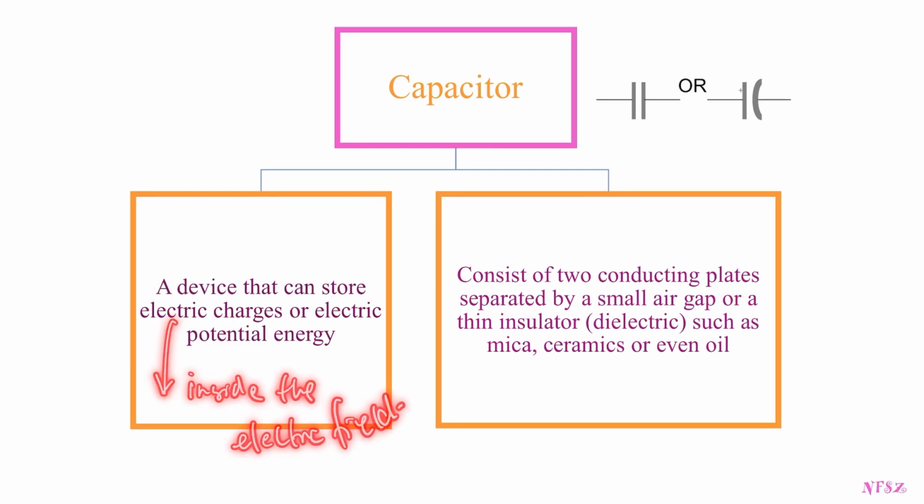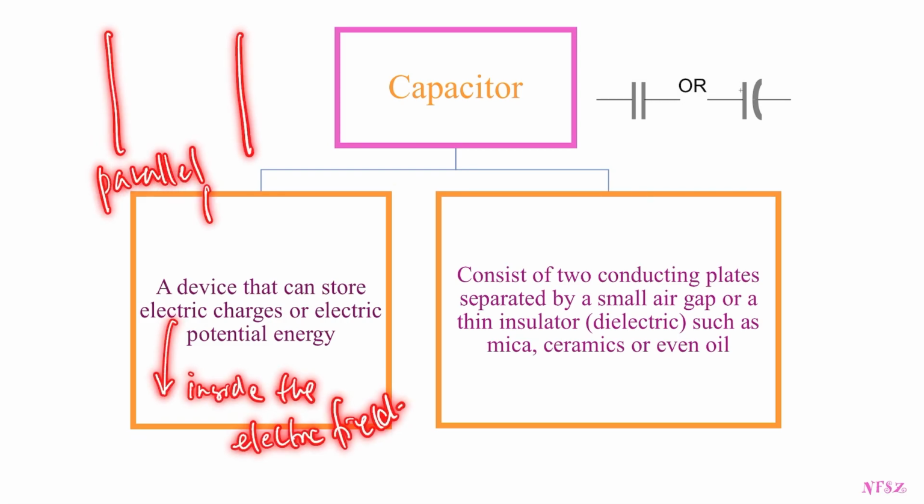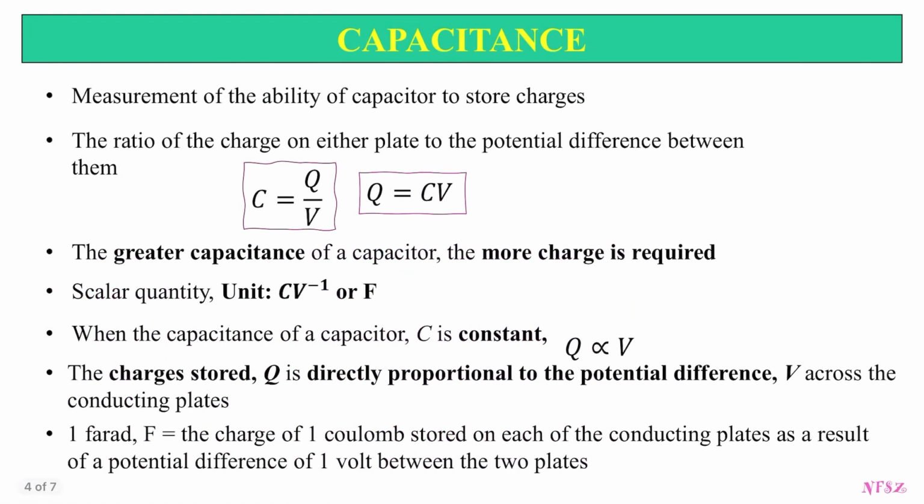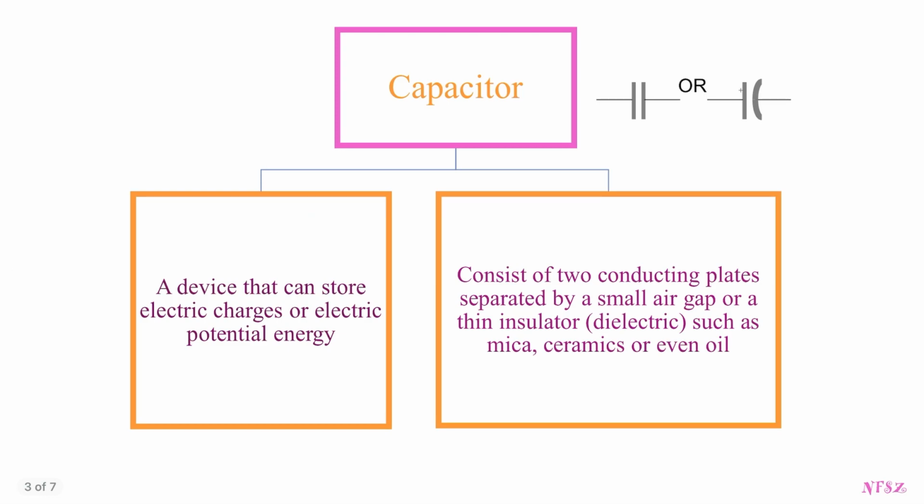So basically a capacitor is like this, a parallel plate, so it has an electric field inside, and in this electric field it stores charge. It consists of two conducting plates separated by a small air gap or a thin insulator, a dielectric, such as mica, ceramics or even oil. Okay, that is fine. The most important thing is you must know the functions of a capacitor. Actually, can store electric charge is already enough.